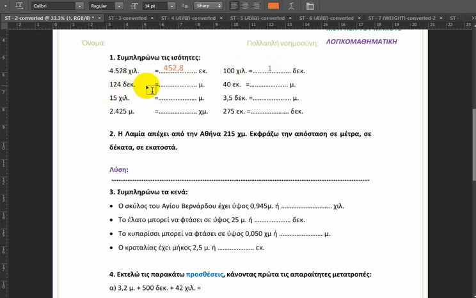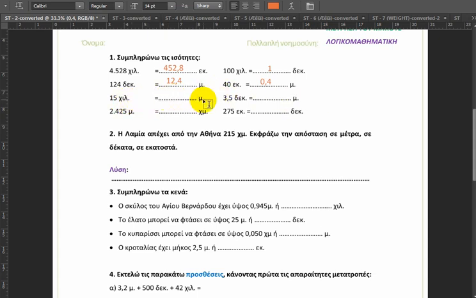Then 124 decimeters into meters. Since I'm going up a step, that's divide by 10, so 12.4. 40 centimeters into meters, that's 2 steps up, so I'm dividing by 100. 40 divided by 100 would give me 0.4.